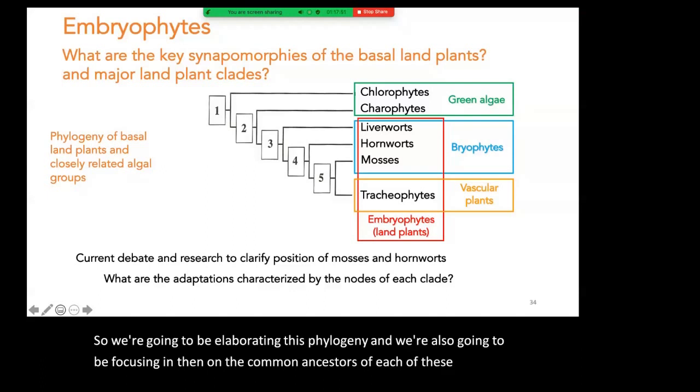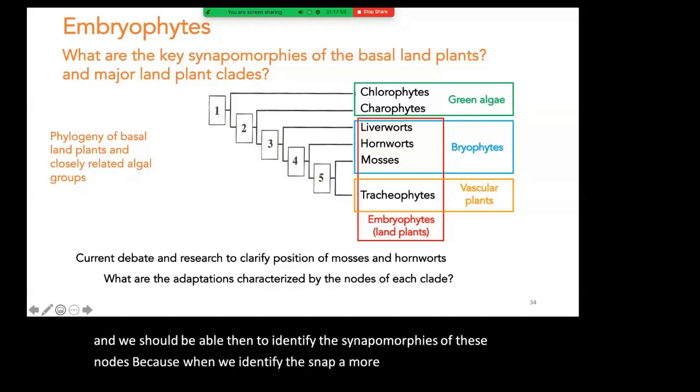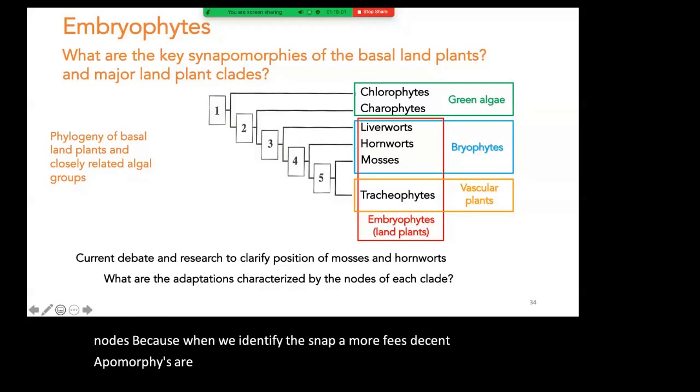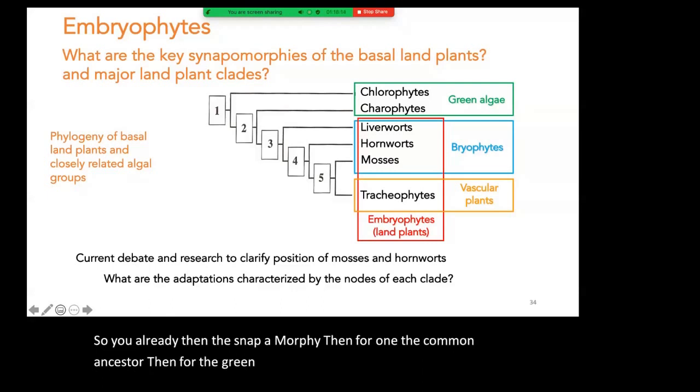We should be able to identify the synapomorphies of each of these nodes, because these synapomorphies are associated with the unique evolutionary pressures for life on land, okay? So you already know the synapomorphy for the common ancestor of the green algae, bryophytes, and the vascular plants, or the embryophytes altogether. That's chlorophyll A and B, okay?